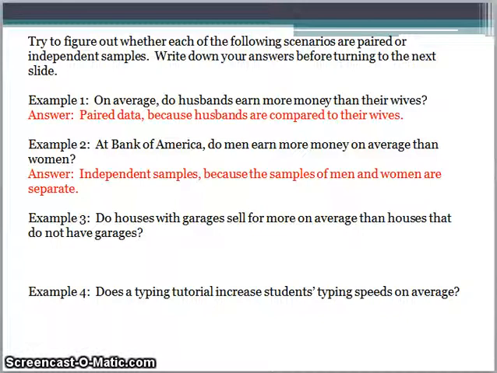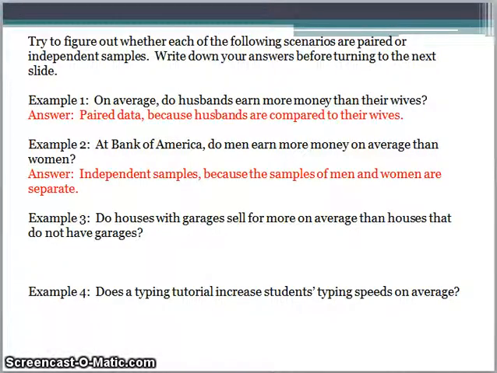So if you compare whether husbands earn more money than their wives, you maybe eliminate the effect of family background or something similar to that. I realize that that's not a perfect example, but pairing data is one way that they control for confounding factors.